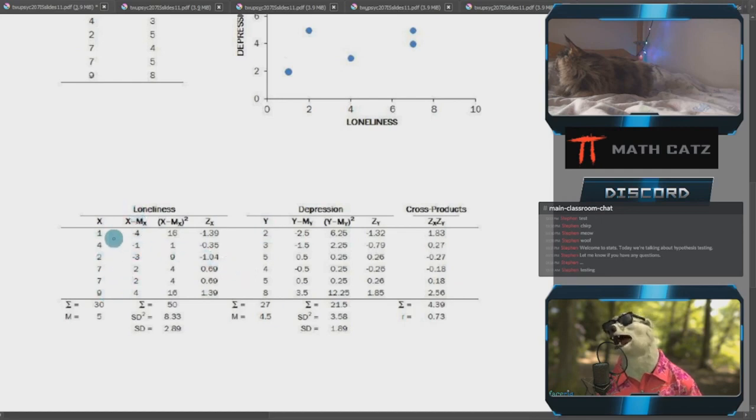For each one, I'm going to calculate the Z-scores of that sample. So how do I do that? Well, I need to calculate an estimate for the mean, the sample mean, and the sample standard deviation. And then, of course, the z-score is, well, for x at least, going to take my x-score and I subtract the mean, the x1, this 5, over the standard deviation, just like I've done for quite a while now. And then I get this z-score column.